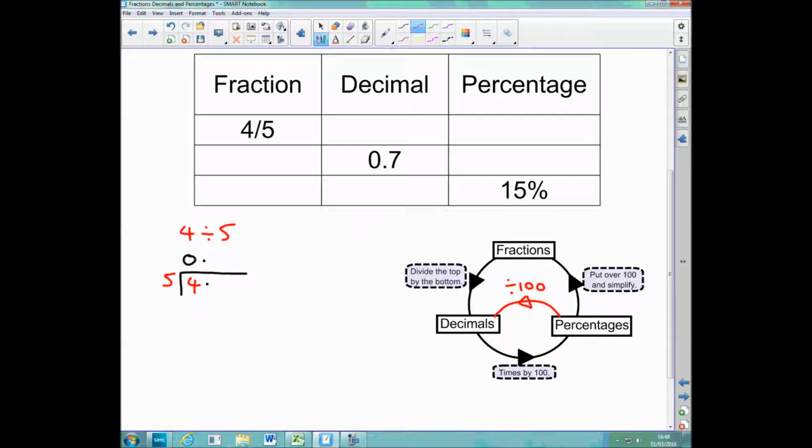We've got 4 remainder on top of a new 0. So how many 5's go into 40? And that is 8. So 4/5 is 0.8. Writing that as a percentage, we need to do 0.8 times 100, which is 80%.